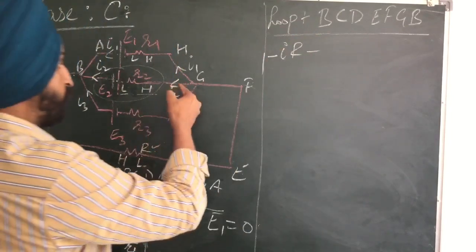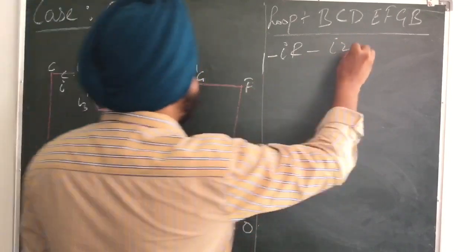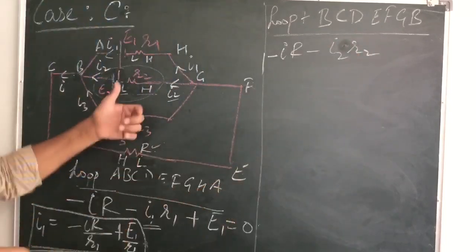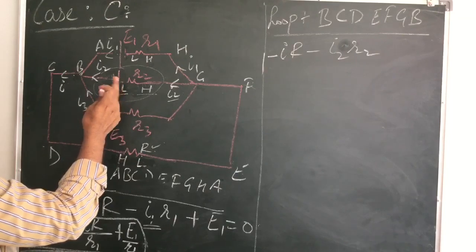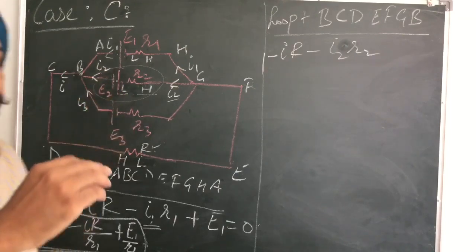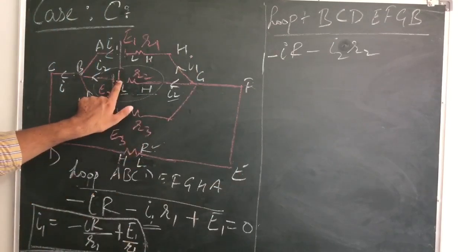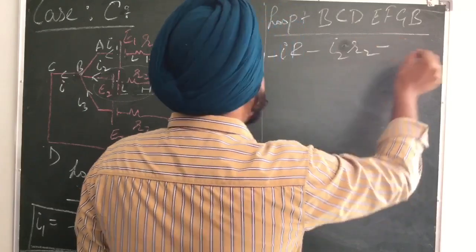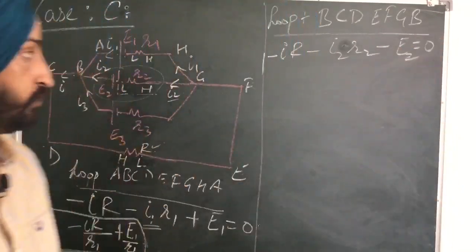But now our current is I2 over here, so it would be I2 into this resistance R2. Then I am encountering this battery. So when I am encountering this battery, I am moving from positive terminal to negative terminal. That means again from high potential to low potential. So it will be negative over here again, minus E2. So this entire value is equal to 0.